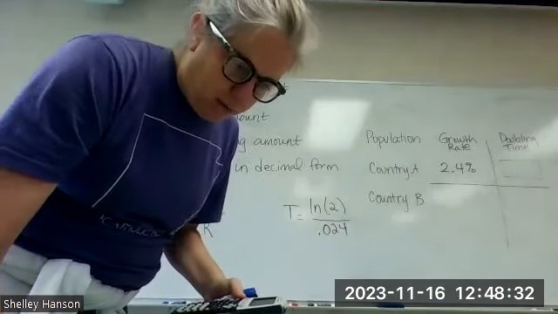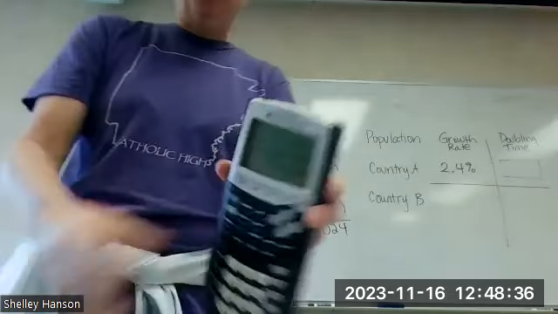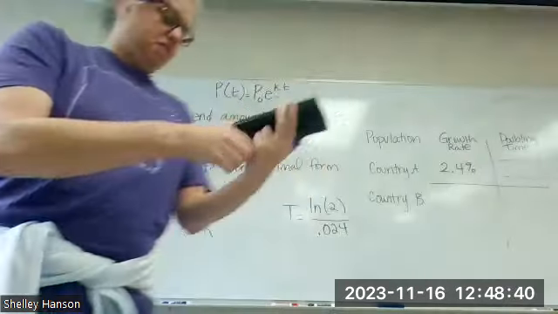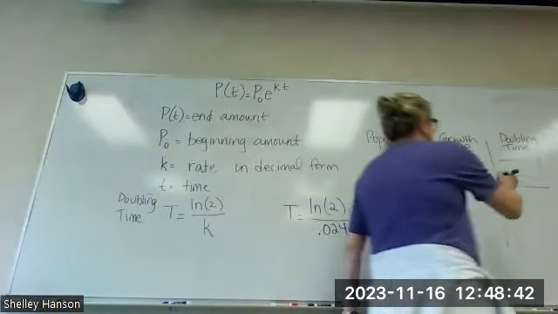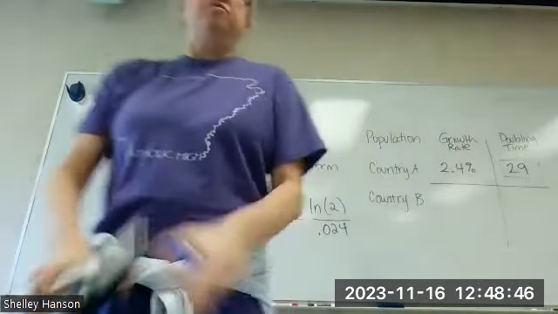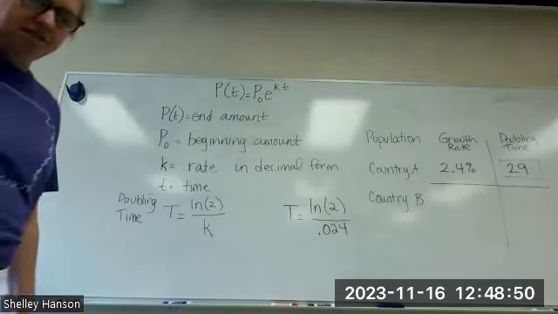And we are rounding this to the nearest whole number. So mine's 28.8. So I'm rounding it to 29. It would take 29 years for the population to double, growing at 2.4%.